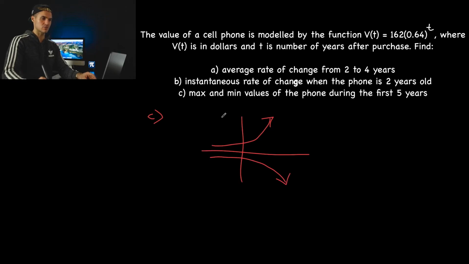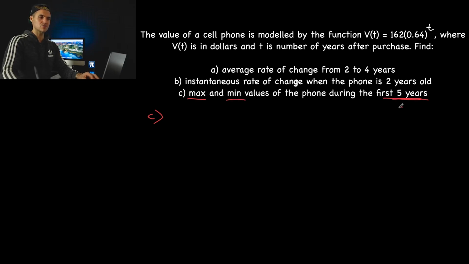It could be decreasing like that, or increasing like that, different shapes, but nevertheless it's always increasing or always decreasing. So for an exponential function, the max and min values over a specific interval, here when t is between 0 and 5, are always going to be on the ends of the interval.